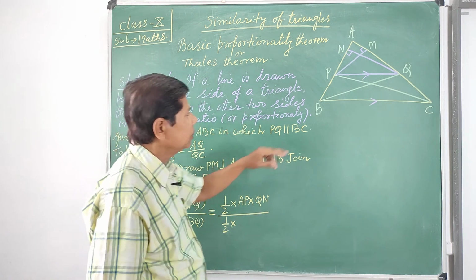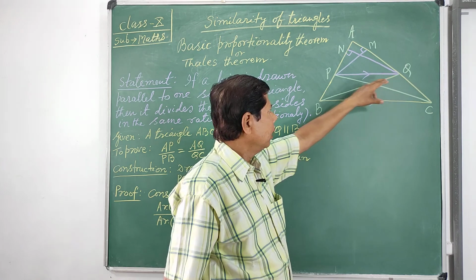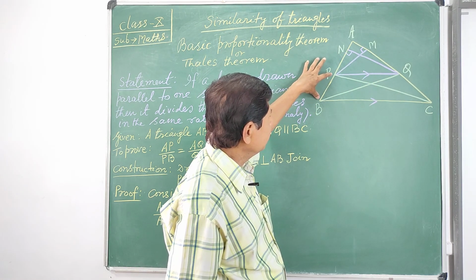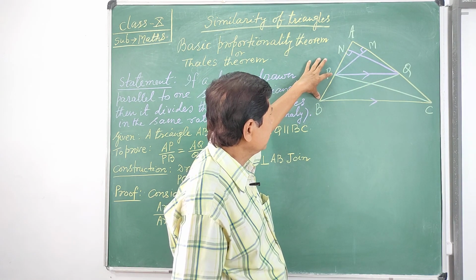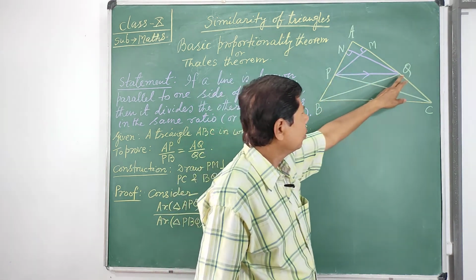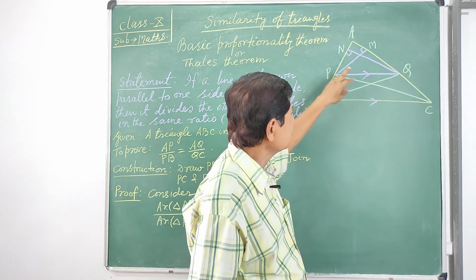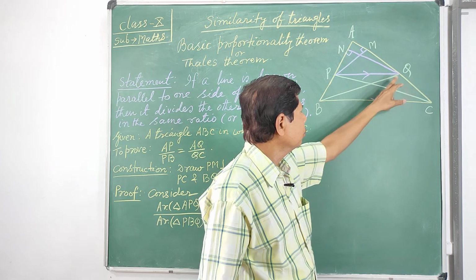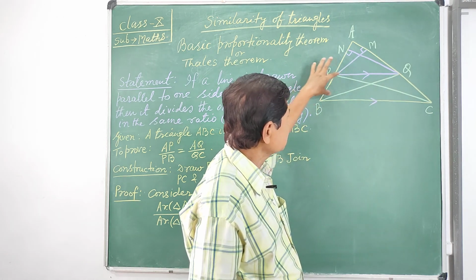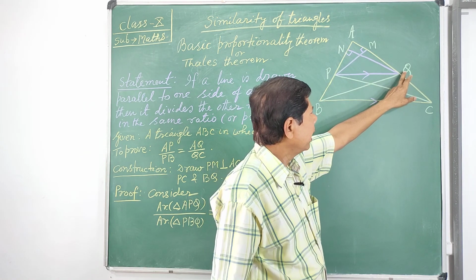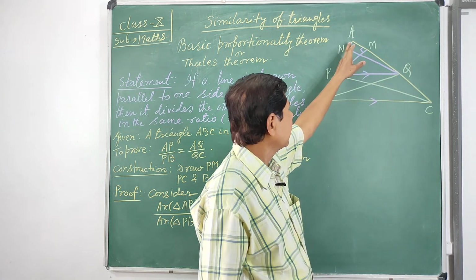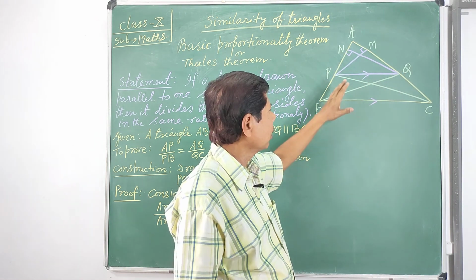Now PBQ. If the base is taken as PB, then the altitude on PB will also be QN, because this is the triangle PBQ. If PB is the base, then the opposite vertex is Q, and from Q on a line only one perpendicular can be drawn.